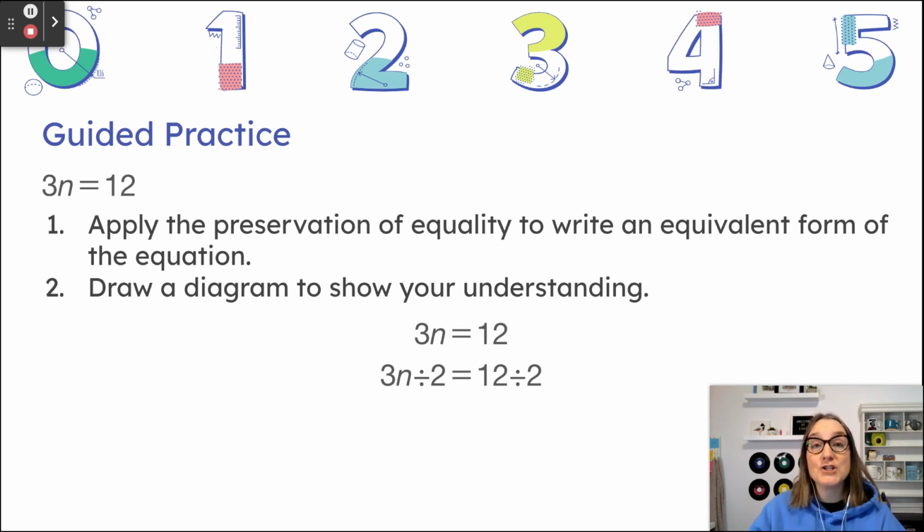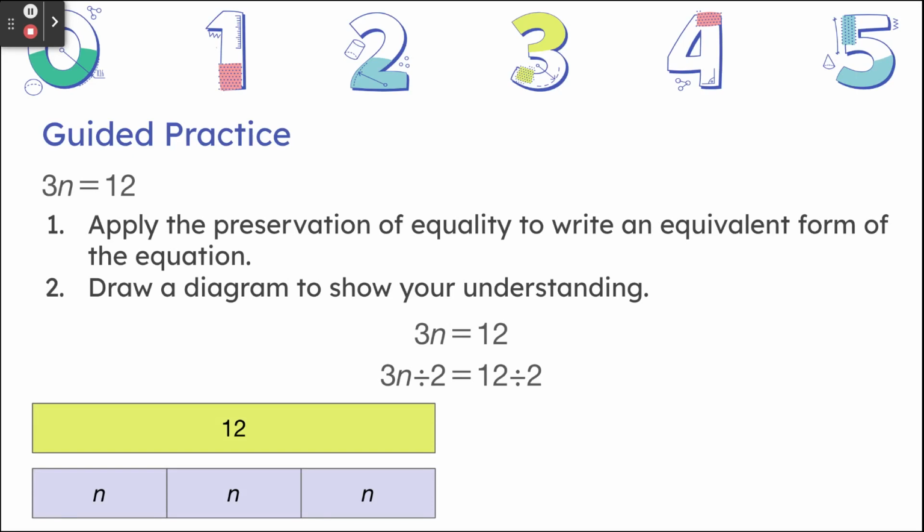Next step is to show this using diagrams. To do that, I'm going to use number strips, and I've just used the drawing tool in Google Slides to create my number strips. So I have my original equation, 3n equals 12. And what I did was I drew a long rectangle, which you can see here in green, and that represents my 12.